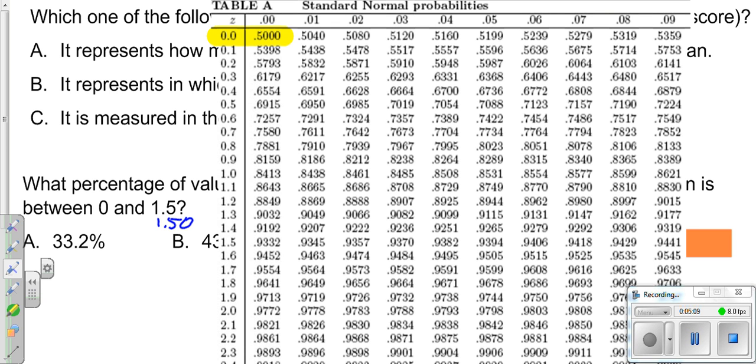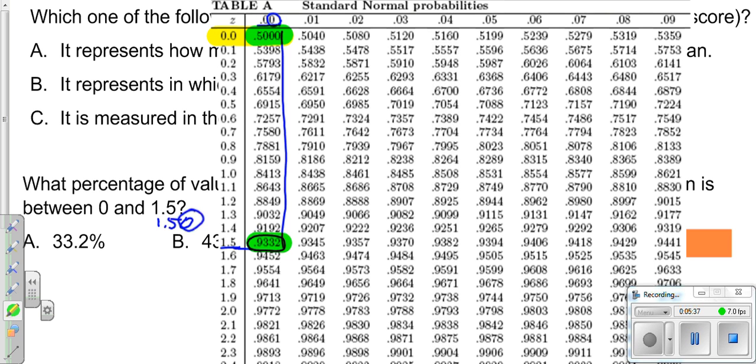So we need to go to a 1.5 on the left side, and then we need to go to the 0.00 because the second number right here has to be that one. We go down this column right here, we come across this row right here, and we get this. So we are looking for what percent is in between. So we got to go ahead and take this number in the middle of the chart minus this number in the middle of the chart.